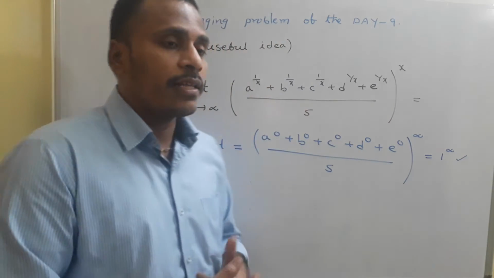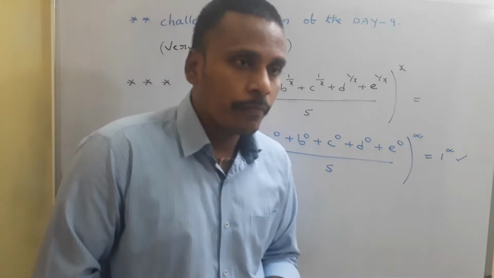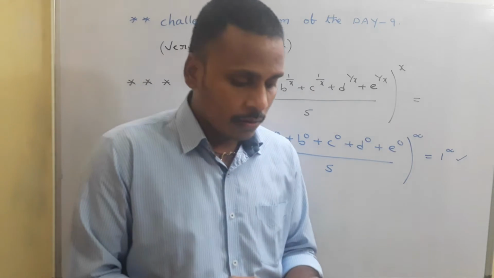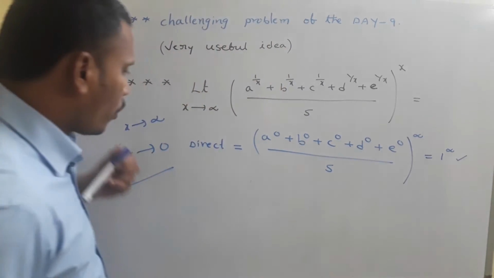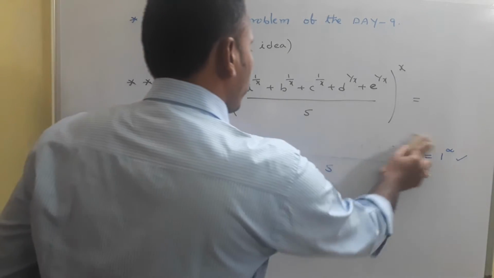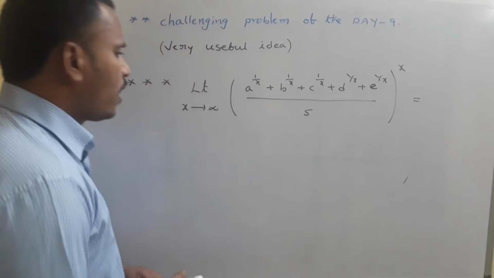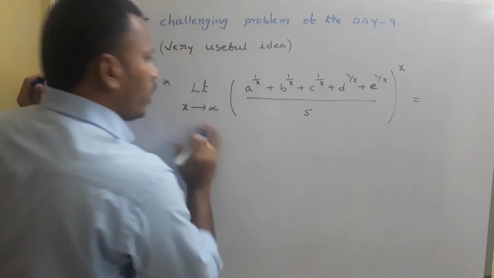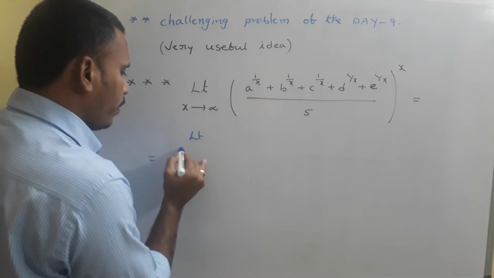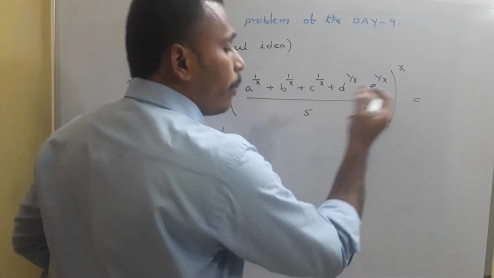Then this particular limit is nothing but e to the power, limit extending to infinity, (base minus 1) into power. That's the idea, right, with us? So I am going to utilize this to avoid this 1 power infinity. Usually we did many problems based on that. According to that, this particular limit value is equal to e to the power limit x tending to infinity, base minus 1.